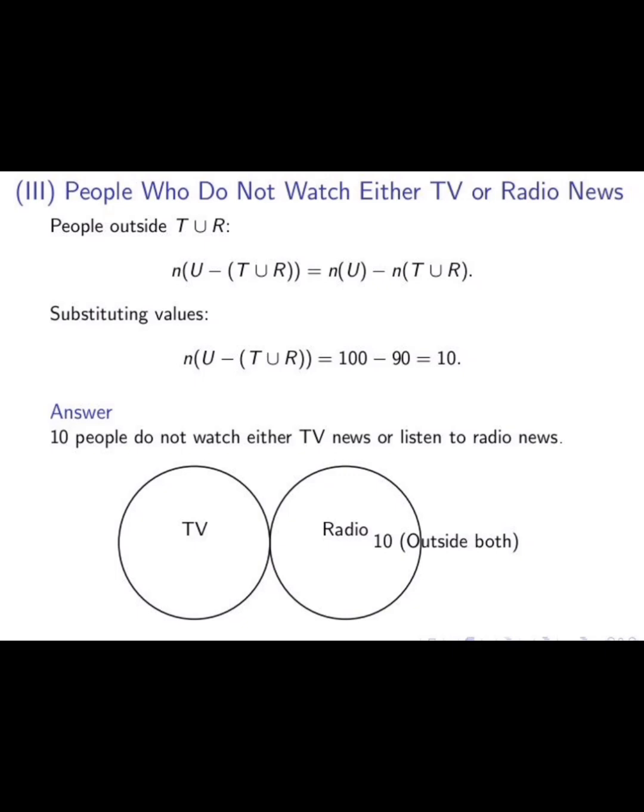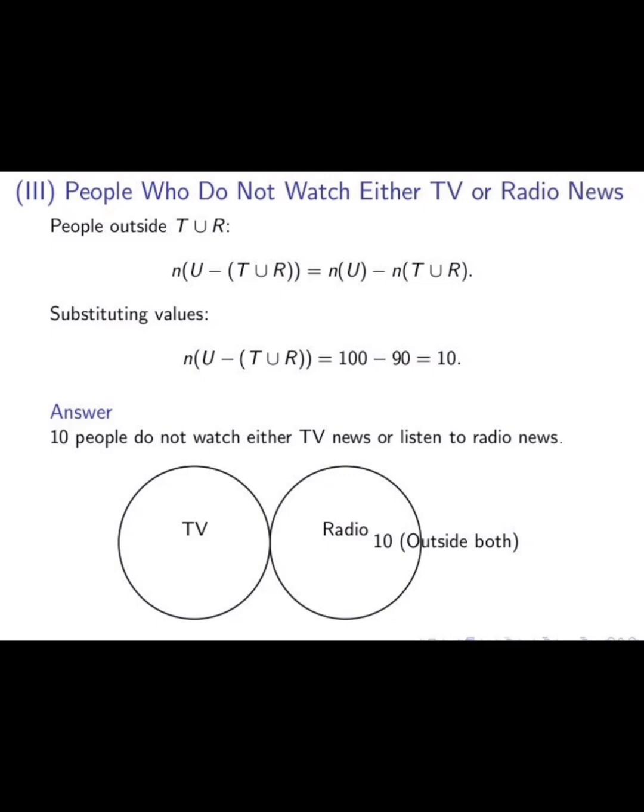So for the third one, you notice that the question says people who do not watch either TV or radio. Now take note of the word not. I said earlier that when you hear the word not it simply means negative sign, right? So we are using the universal set. Our universal set is 100. The number of people that participated is 100. Are you getting it?